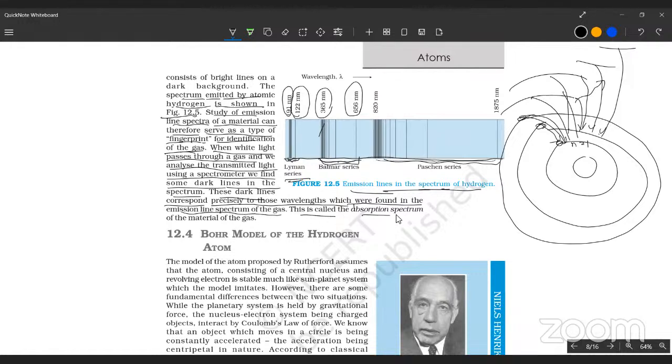This is called the absorption spectrum of the gas. So there can be emission spectra and absorption spectra. When it absorbs energy, that is the absorption spectrum, and when it jumps from higher to lower, it is the emission spectrum.